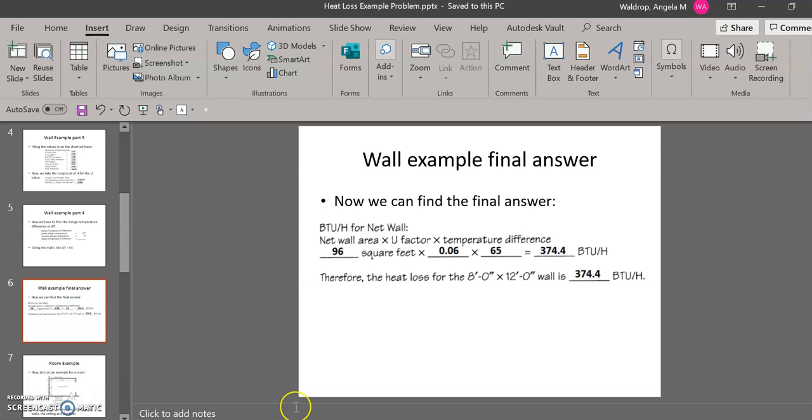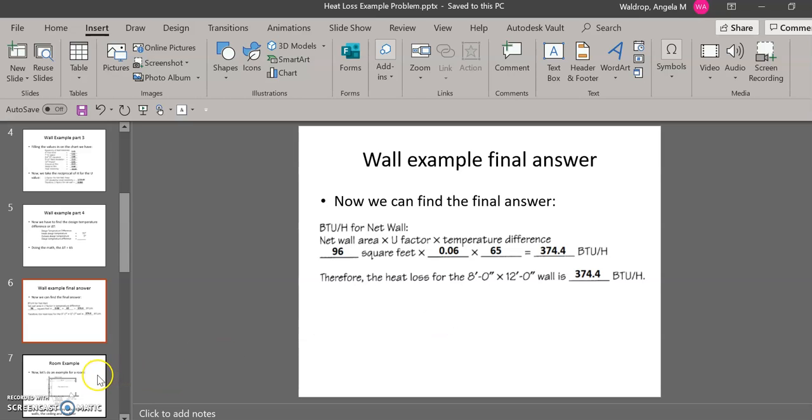Now we can go ahead and calculate our final answer using the equation Q equals UA delta T. So here is the A, the area that we calculated. Here is the U value, and there is the delta T. If we do the math, we come up with a heat loss of 374.4 BTUs per hour. So that is our total heat loss for the wall example.